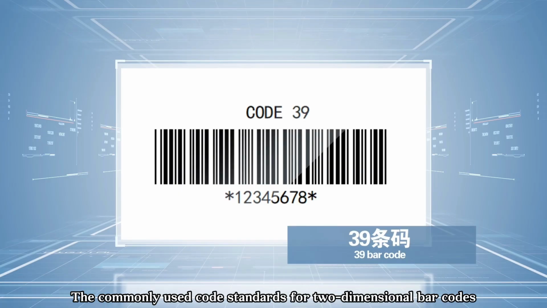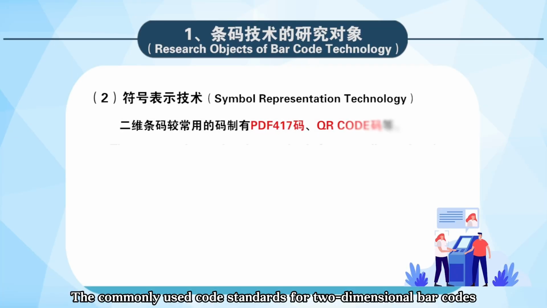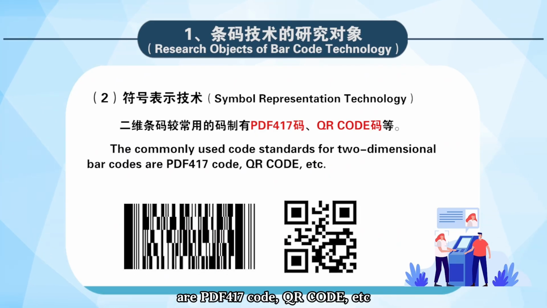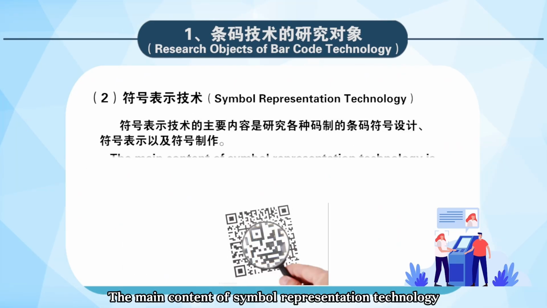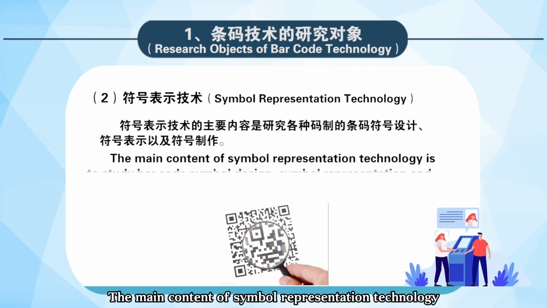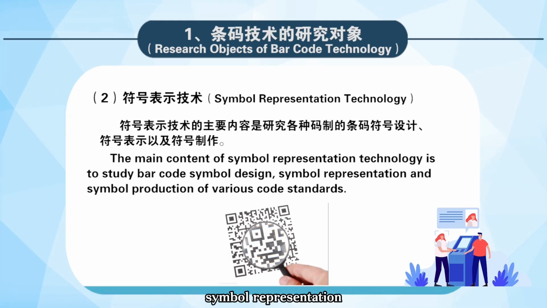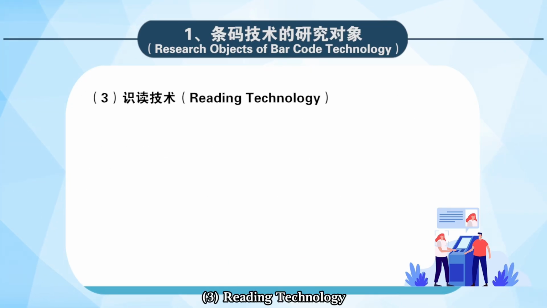The commonly used codes for two-dimensional barcodes are PDF417 code, QR code, etc. The main content of symbol representation technology is to study barcode symbol design of various code standards, symbol representation, and symbol production.